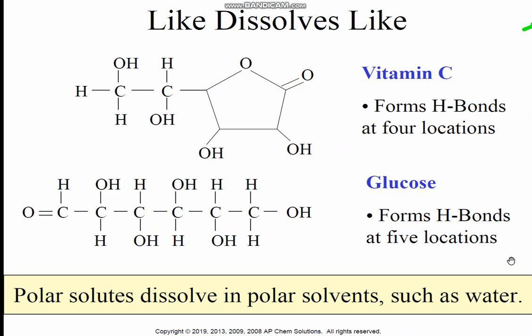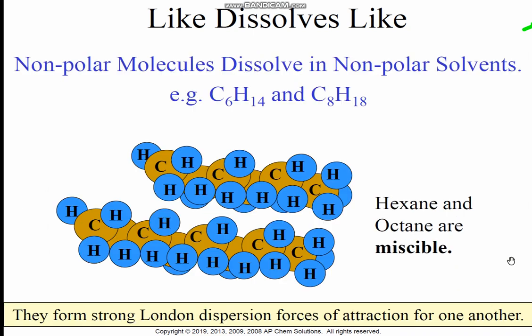Okay, so next what you see here is we have two nonpolar molecules. So this is going to be C6H14, hexane, and octane, which is C8H18. These are miscible. They form strong London dispersion forces of attraction with one another.